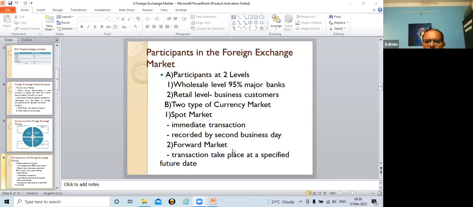Participants by market: in the spot market, commercial banks, brokers and customers are involved. Those who minimize the risk are called hedgers.